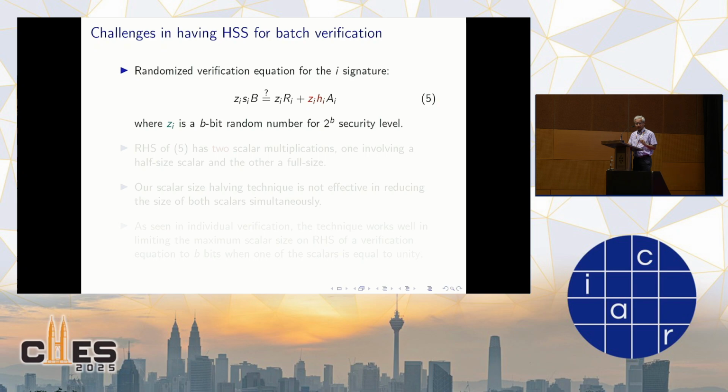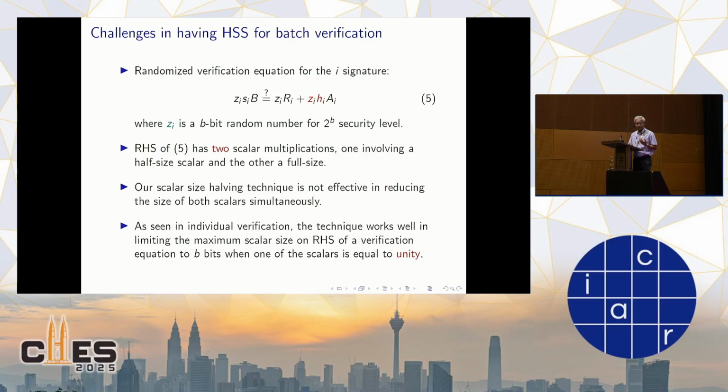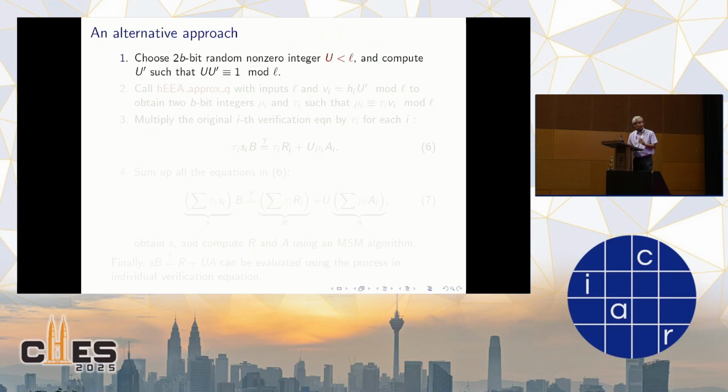Here, the coefficient of R sub i is z sub i, and the coefficient of A sub i is z sub i times H sub i. For the half-size scalar algorithm to be useful, the coefficient of R sub i needs to be unity, but this is not the case. So we have devised a new way to randomize this algorithm. For lack of time, I'll just quickly go through the steps.